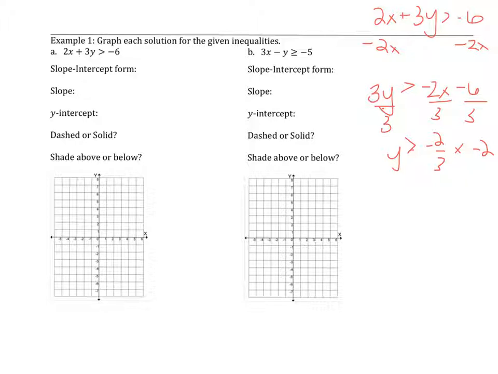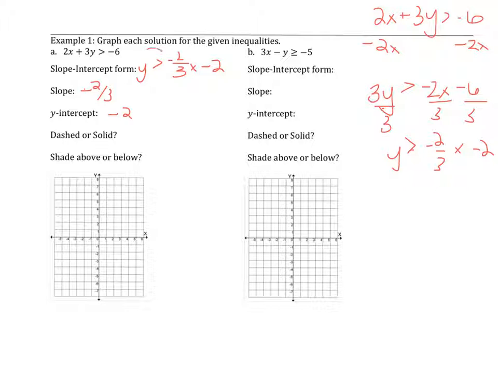That's going to be our slope-intercept form of the line. Now, based on our equation, we can see that our slope is negative 2/3 because that's the coefficient on x. And our y-intercept is negative 2 because that's our constant.